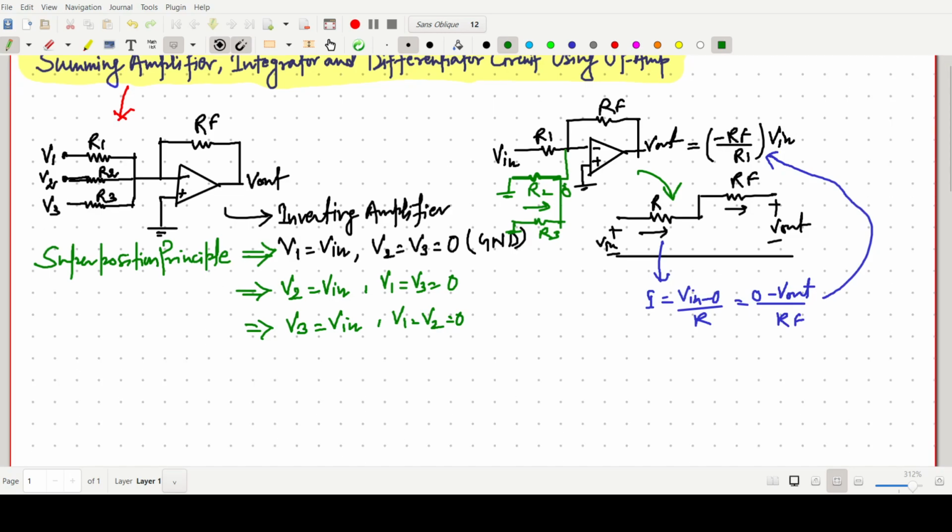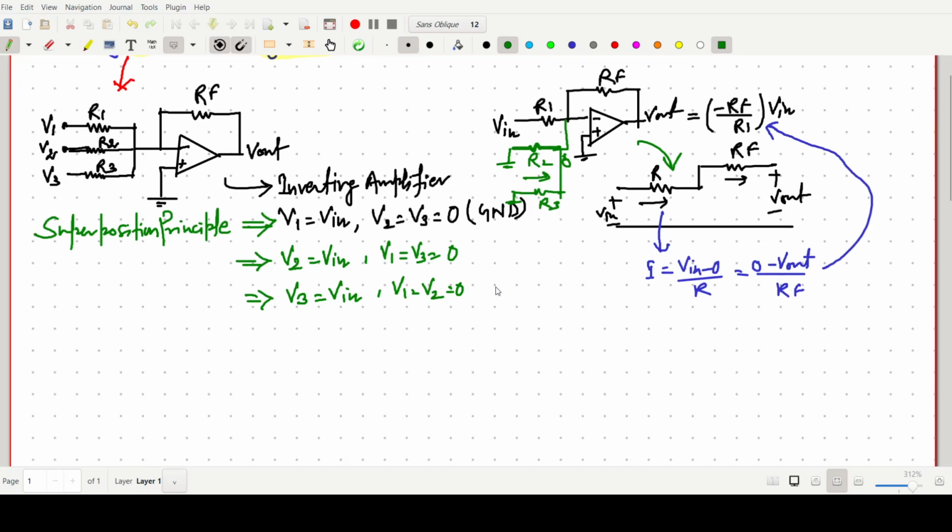Okay, so the first output will be, say, v output 1. For case 1 it is nothing but simply minus rf by r1 into v1. Clear for this case.